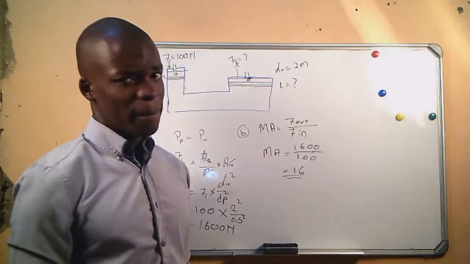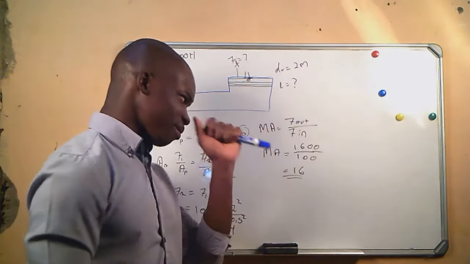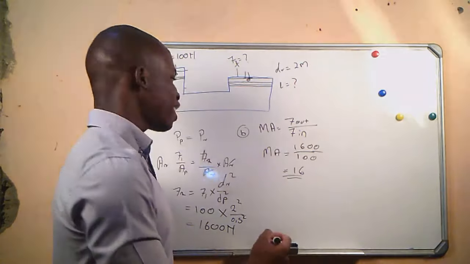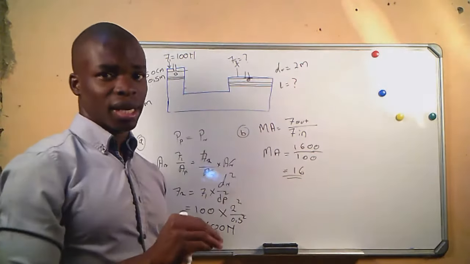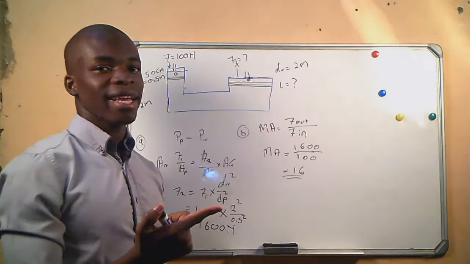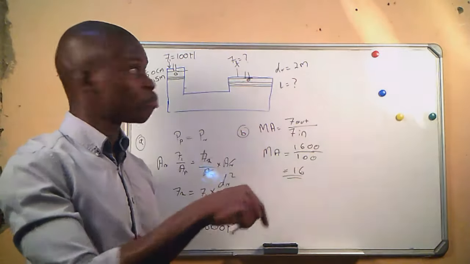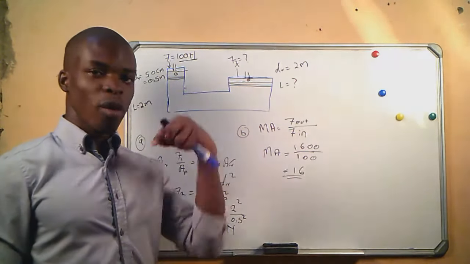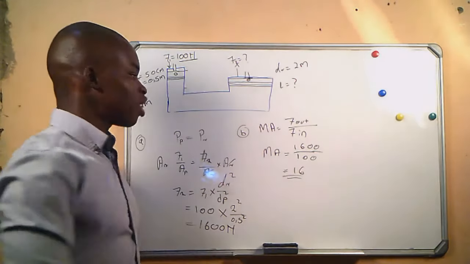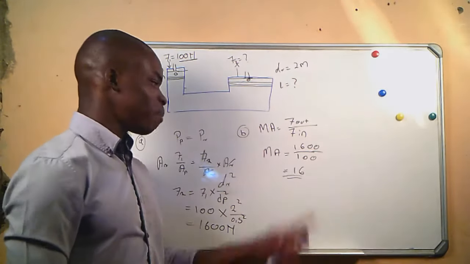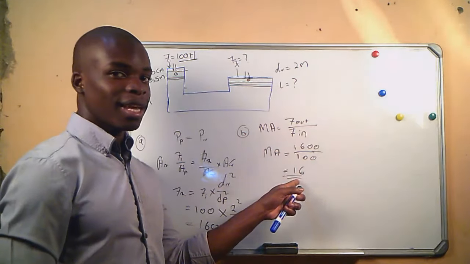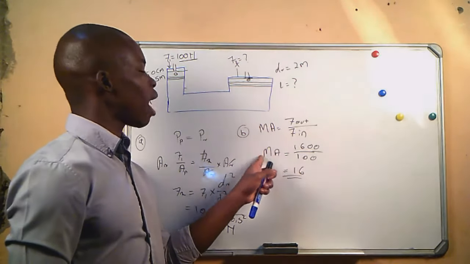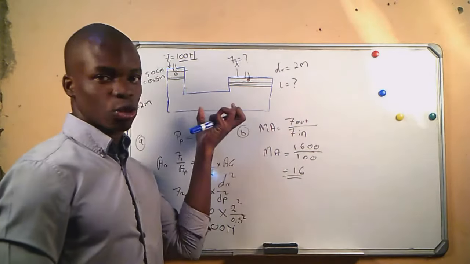So what is the mechanical advantage? The mechanical advantage is the factor by which the machine that we are using will multiply the force that we are going to put on the machine. So whatever force we put on the machine, it will take that force and multiply by 16, as this is our mechanical advantage for this particular machine.